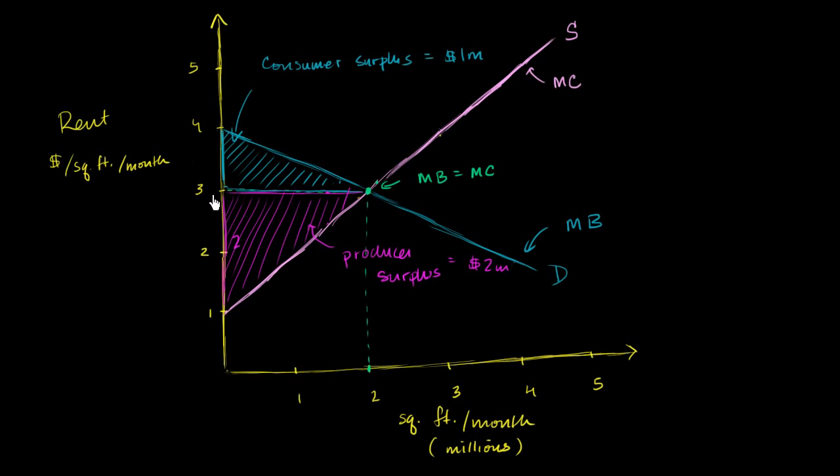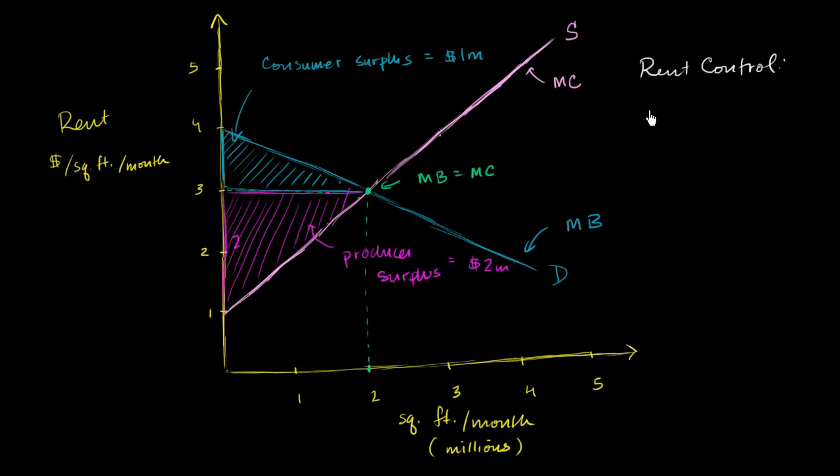And let's say people start complaining about it. And so the government says, okay, that rent is not fair, it's too high. We want to introduce some type of price control. We want to introduce rent control. And I'm oversimplifying how this works, but just so that we can deal with this model right over here, let's say that the city just sets a ceiling on the price per square foot per month.